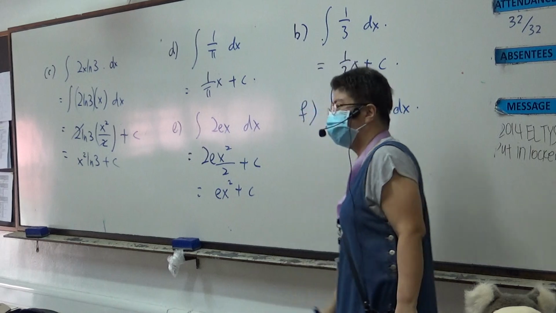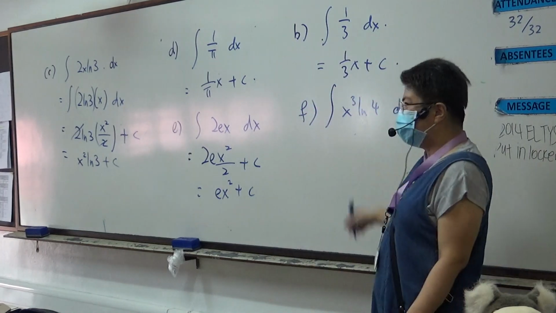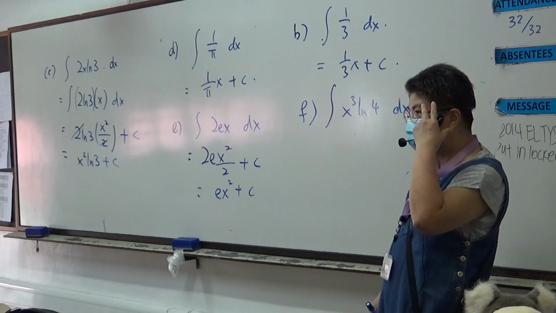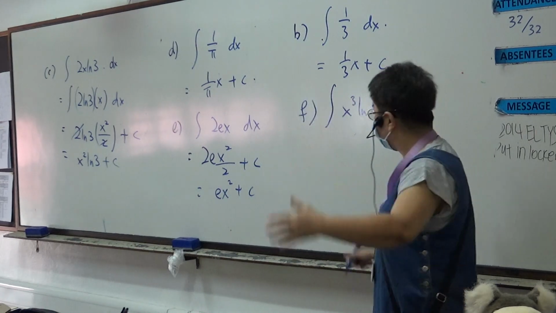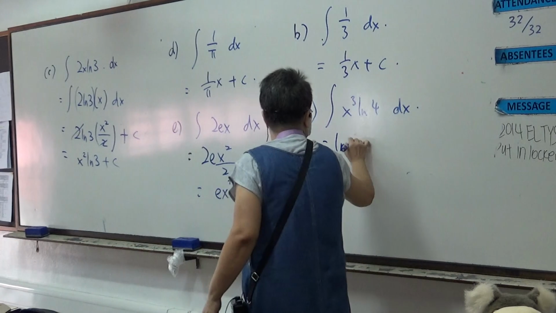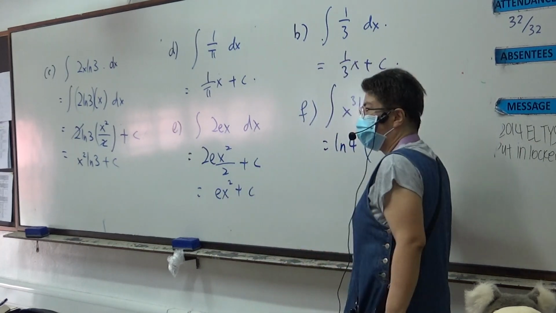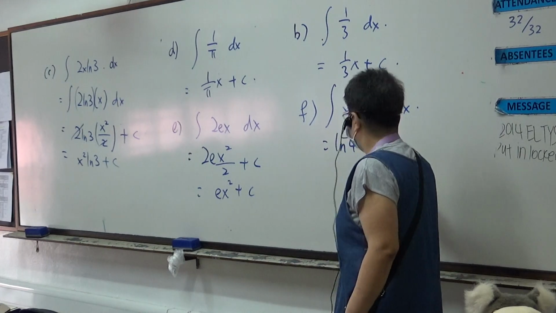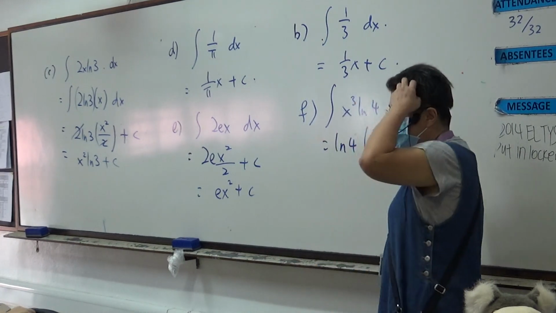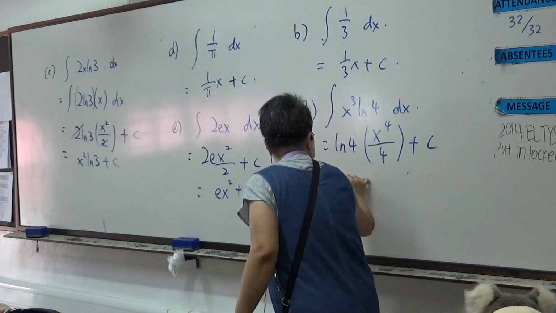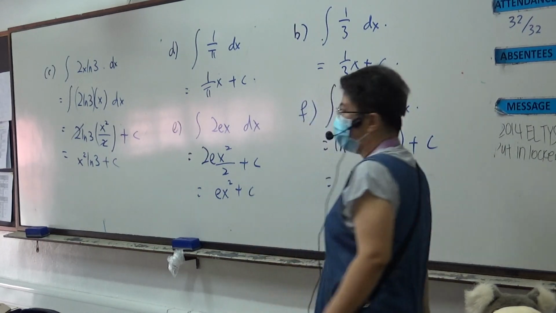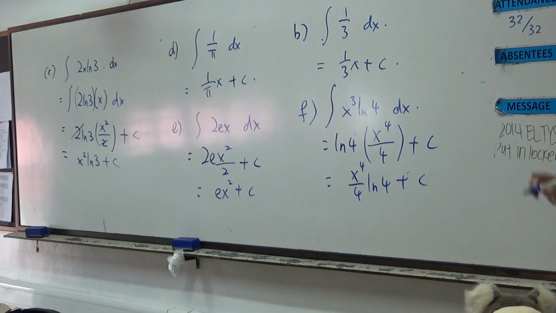Now, what is a constant? Ln 4. X what? X to the 4 over 4 plus c, right? That means this is actually x to the 4 over 4 ln 4 plus c, right? Usually I put the constant in front.